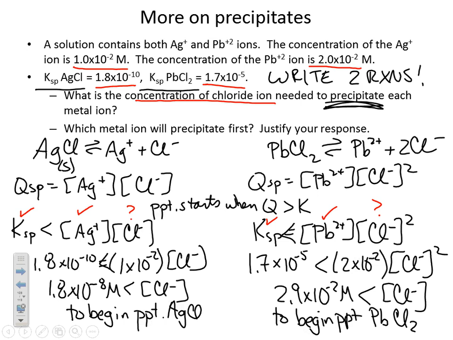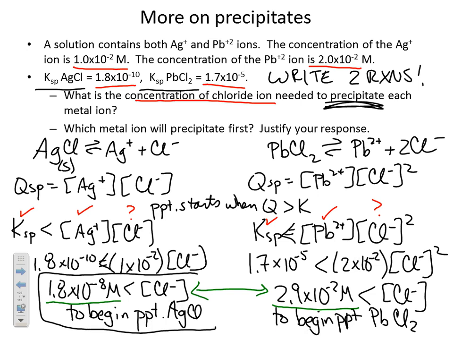You've already done them. Looking at these two values and comparing them, I can see that the silver chloride needs significantly less concentration of chloride. This value is less than this value. So what does that mean? It means that the silver chloride will precipitate first, because you're going to get to 1.8 times 10 to the minus 8th molar chloride much sooner than you would 2.9 times 10 to the minus 2nd chloride.